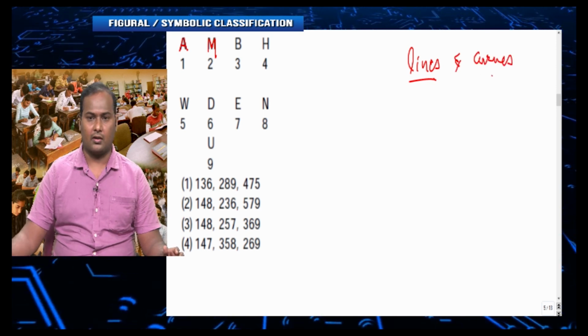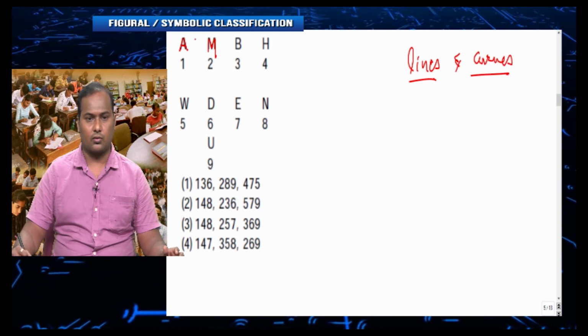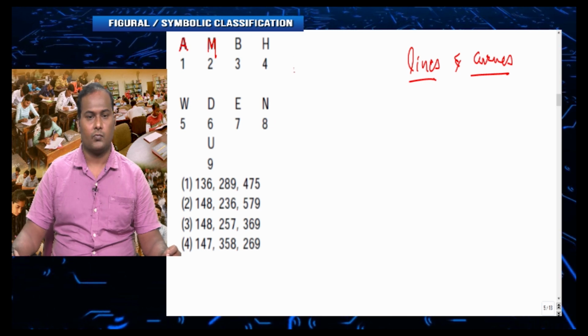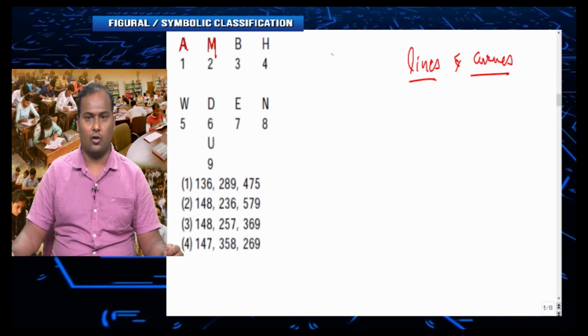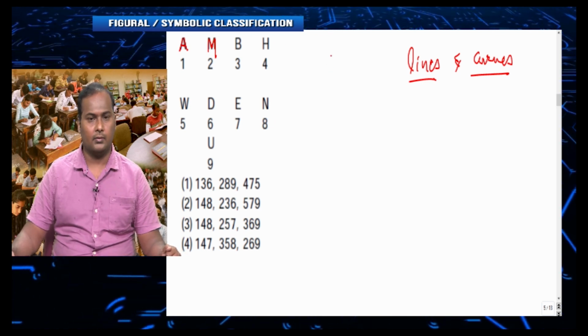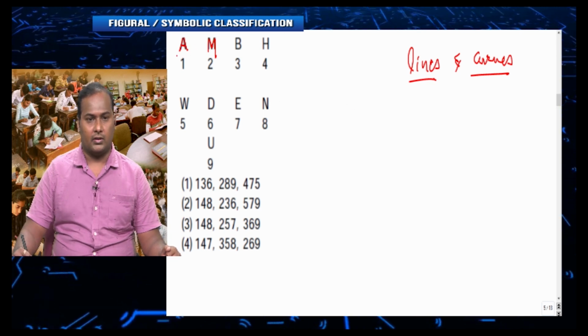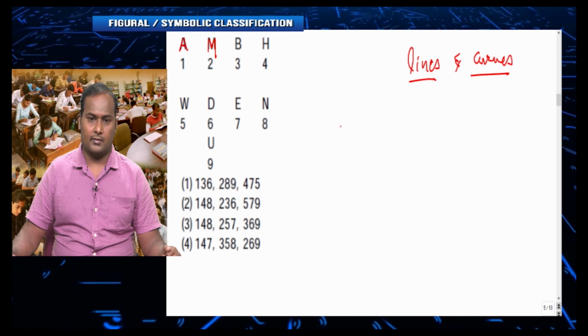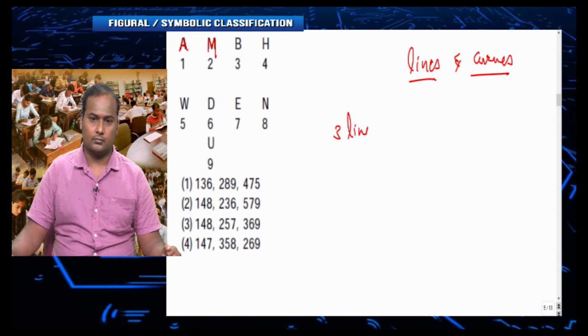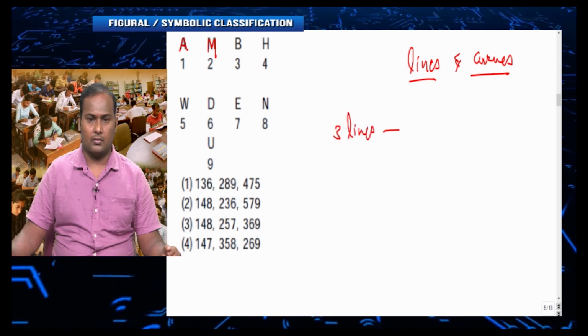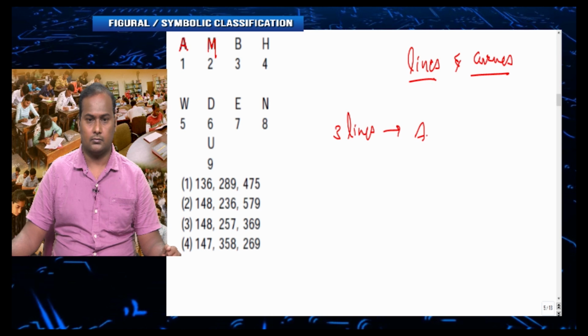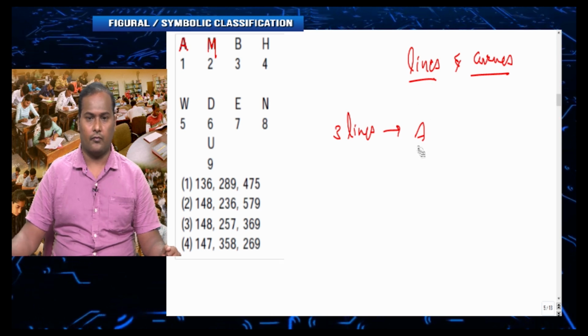Based upon the characters of lines and curves, this question is grouped. So let's check how many lines and how many curves are there. A is formed with how many lines? 3 lines. So A, that is figure 1, has 3 lines.